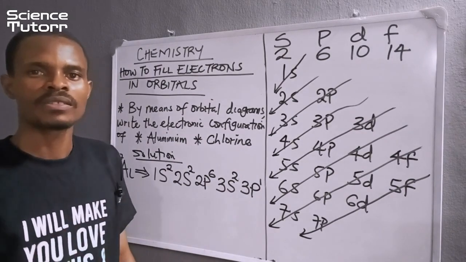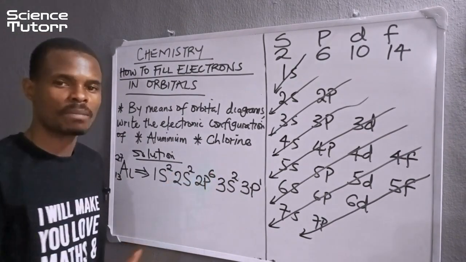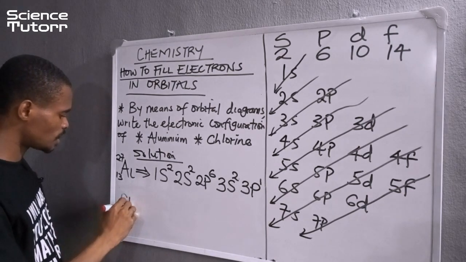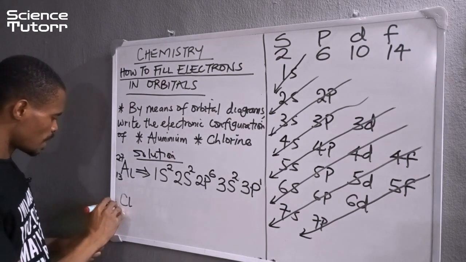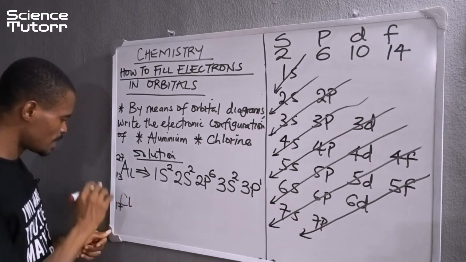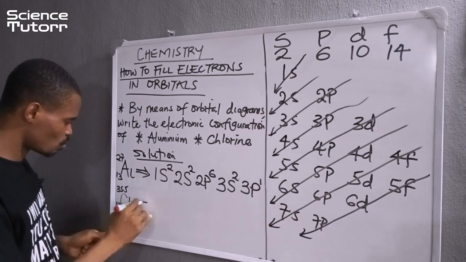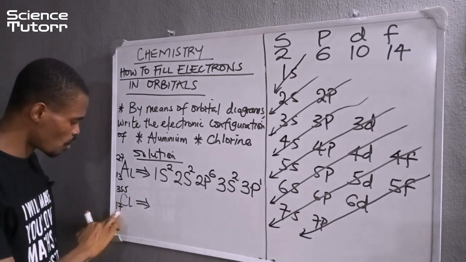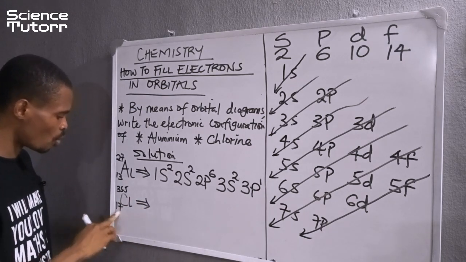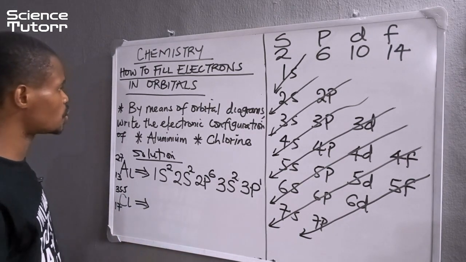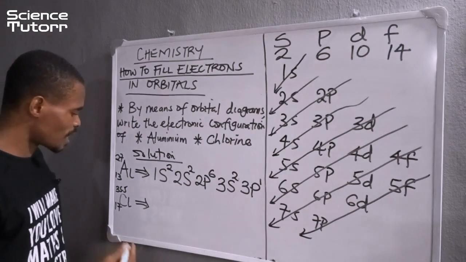On to the second example, we shall be considering chlorine. Chlorine has symbol Cl, atomic number 17, and mass number 35.5. But as I stated earlier, we shall be focusing more on the atomic number to write the electronic configuration. So let's get started.